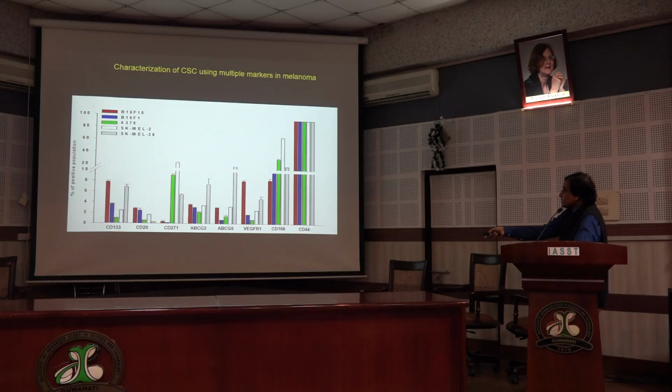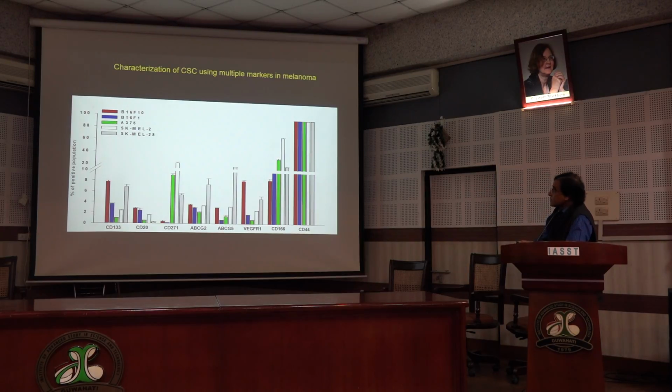As I told you, we used all the markers available in the literature. We purchased all these antibodies, starting with CD133, CD20, CD271, ABCG2, ABCG5, VEGF receptor 1, CD166 and CD44, and studied what percentage of cells behave like cancer stem cells in all five different cell lines, some mouse-specific, some human-specific.